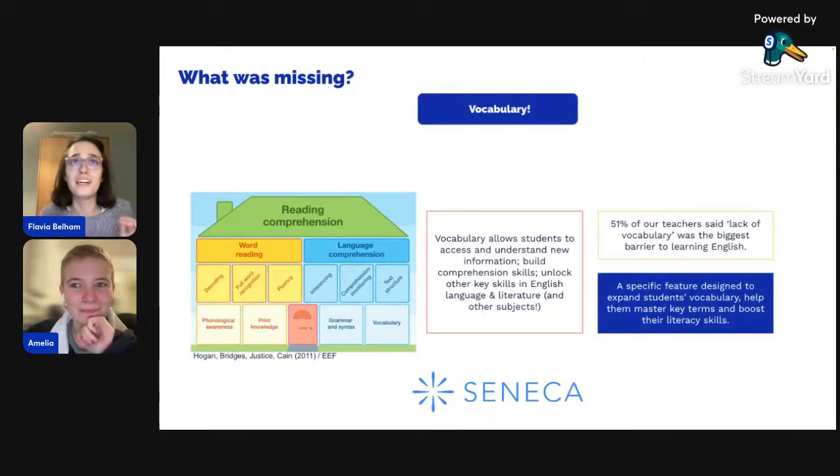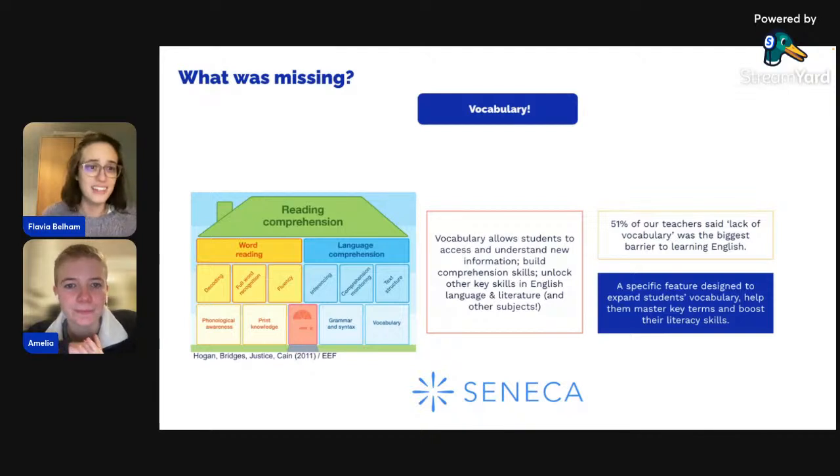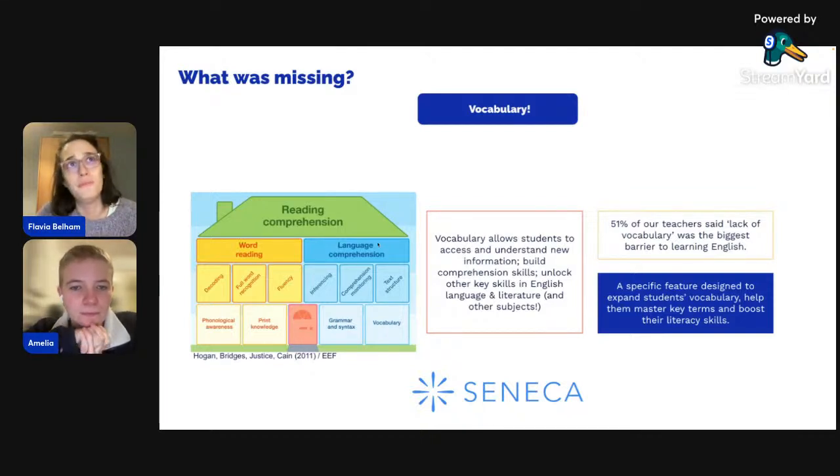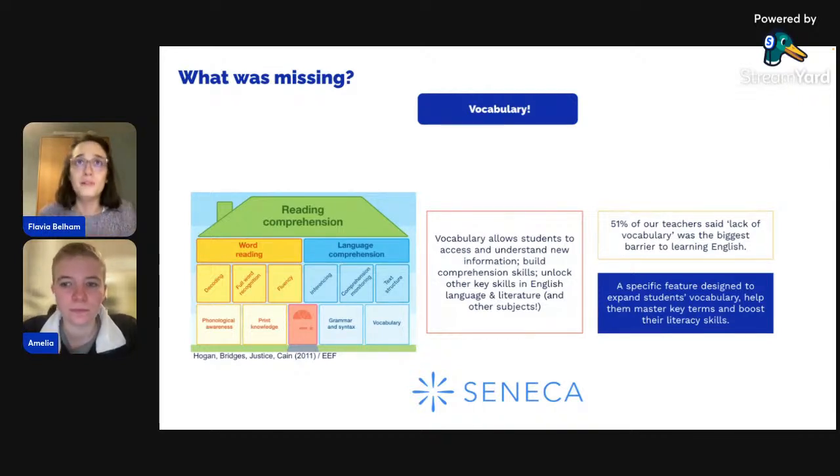I'm going to be very quick here because you know this better than we do. Vocabulary is one of the building blocks for everything else in language. You need vocabulary to be able to understand the language, to read, to write, to express yourselves. Vocabulary allows students to access and understand information, to build comprehension skills, and to unlock other skills, not only in English, but also in other subjects as well.